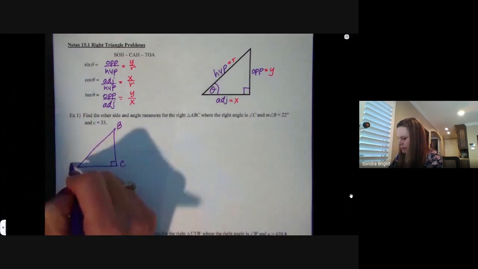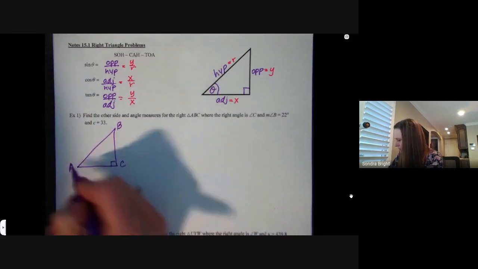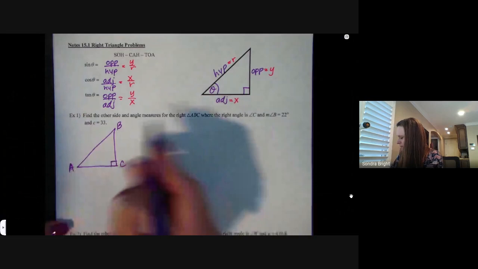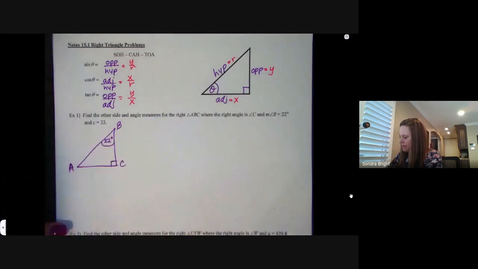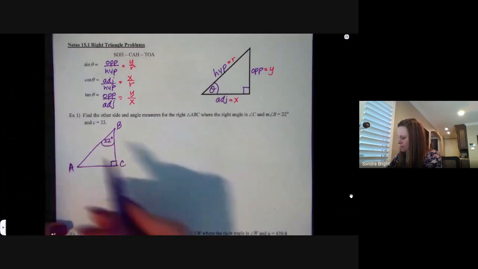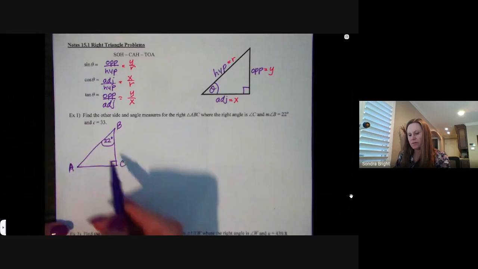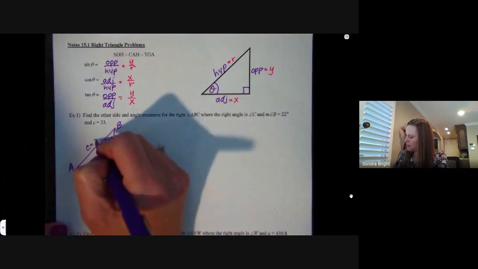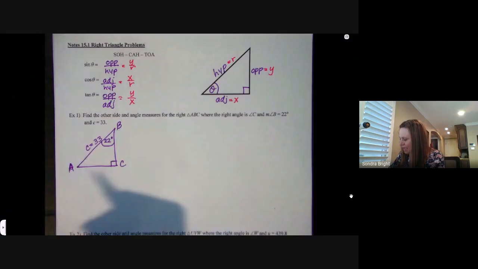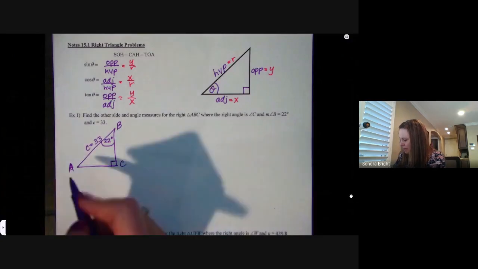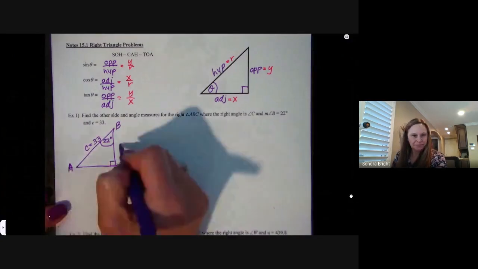Angle B is 22 degrees. Side c is the side opposite of angle C, so side c is 33. So that's what they gave me. And hopefully you remember that opposite angle A is side a and opposite angle B is side b.